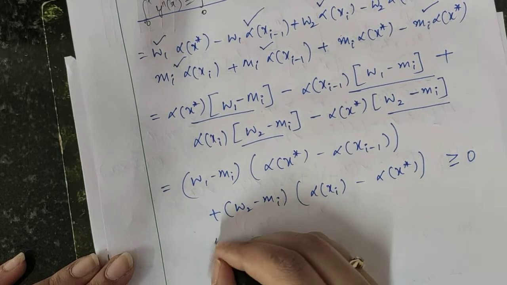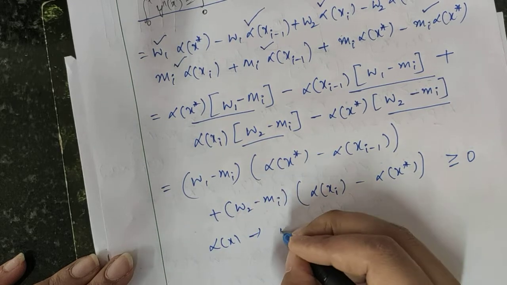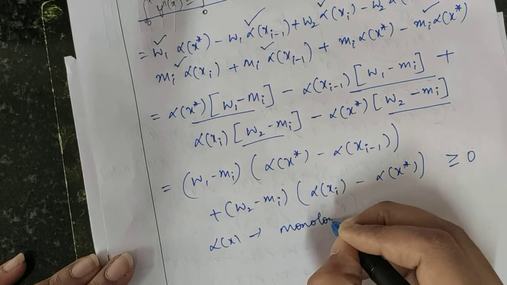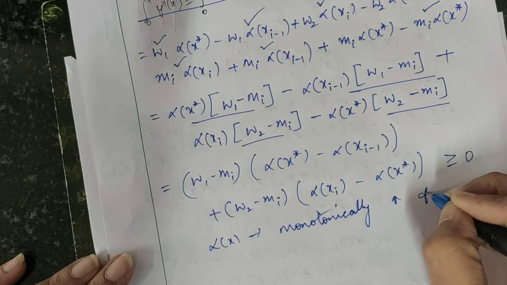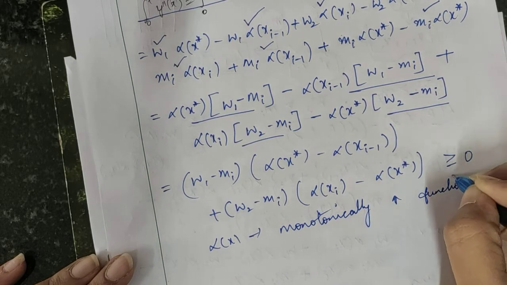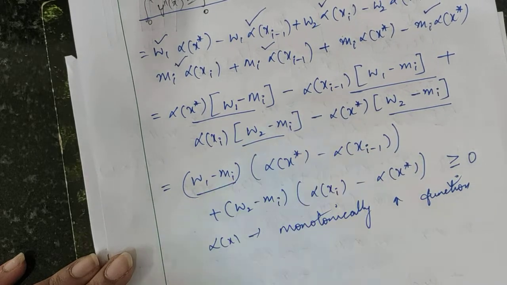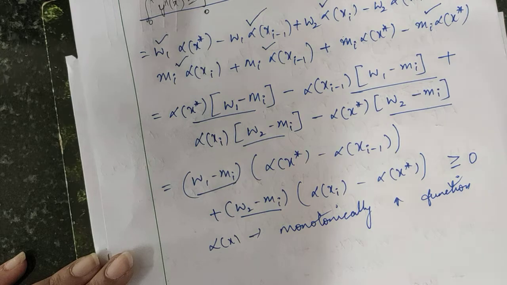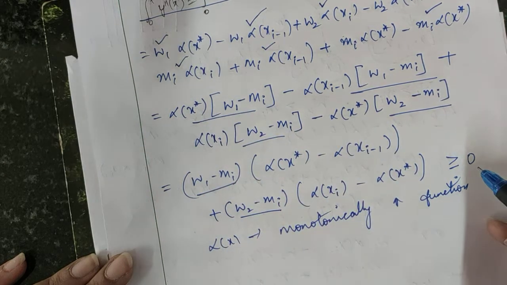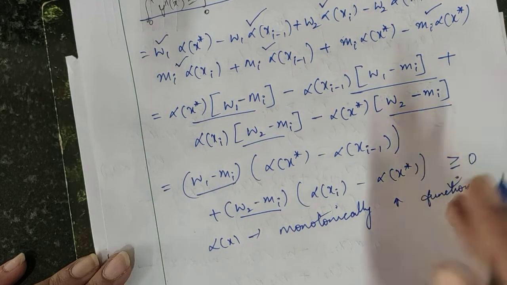Why? Because alpha of x is a monotonically increasing function, right? And we know that w1 is greater than or equal to mi and w2 is greater than or equal to mi. So this whole term will be greater than or equal to 0.